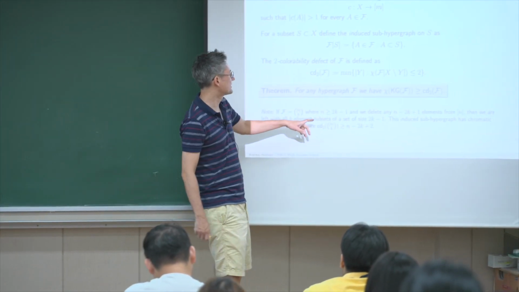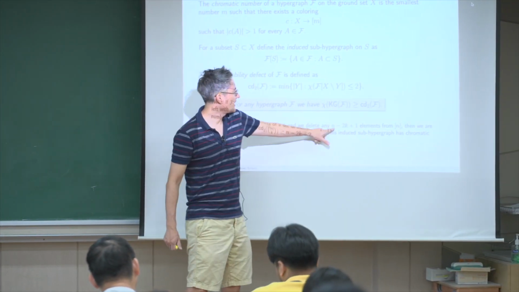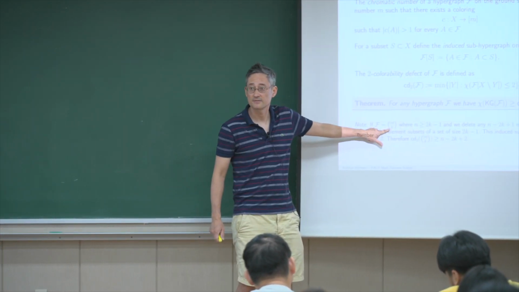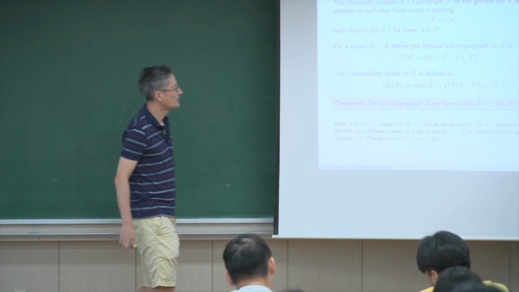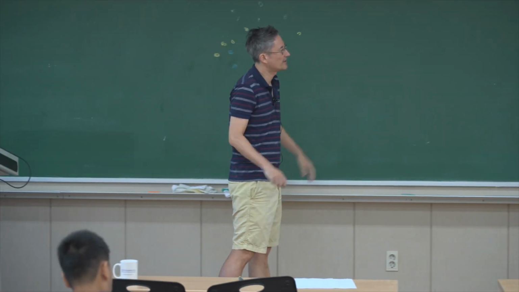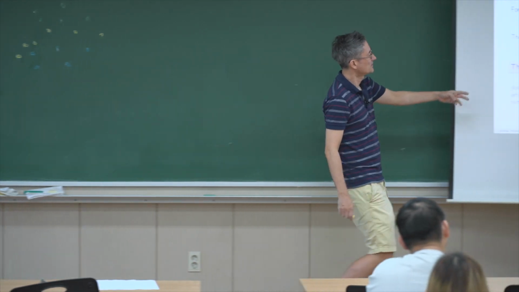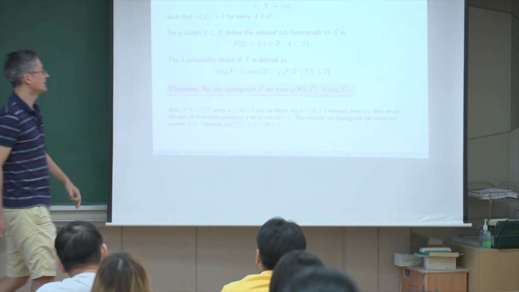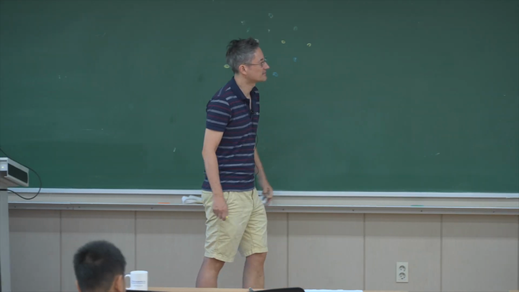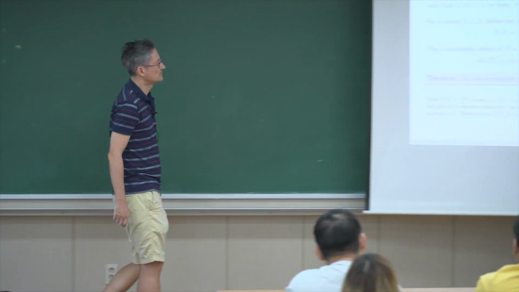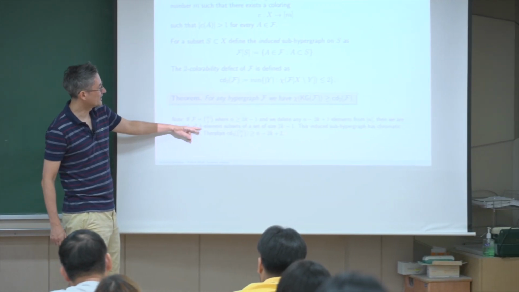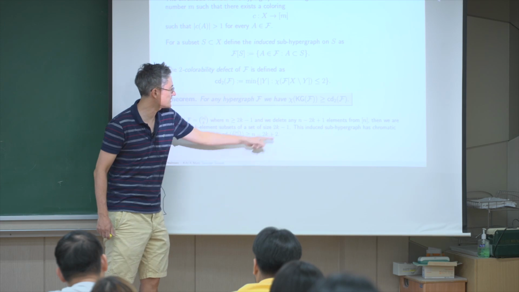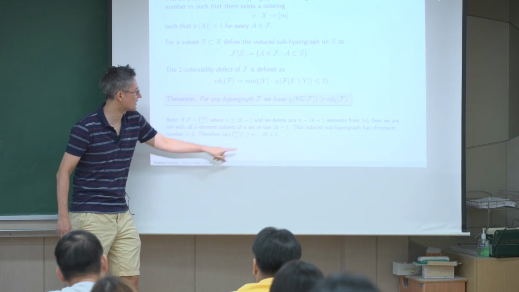But if you delete a set of n minus 2k plus 1 vertices from this set of points, so I have n points, I delete this many, I have 2k minus 1 vertices left. And the induced hypergraph, after I deleted those vertices, is the set of k-element subsets of 2k minus 1.